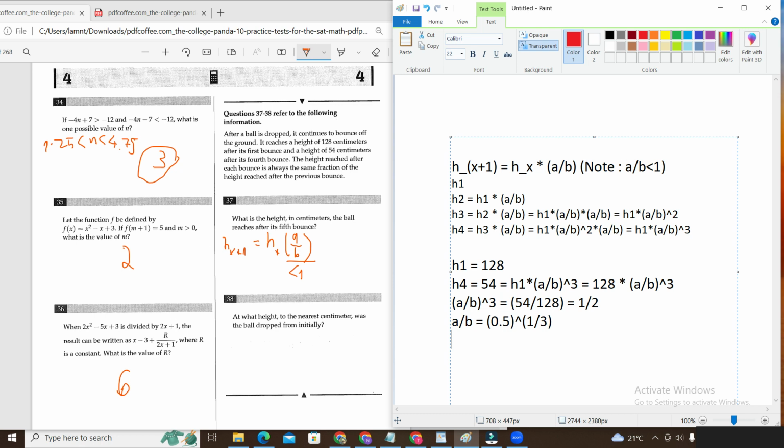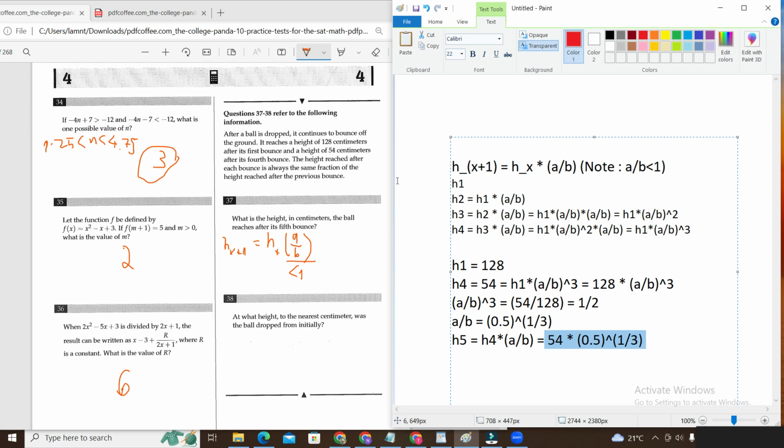They ask about the height after the fifth bounce. Height 5 is equal to height 4 times a over b. We know height 4 is 54, and a over b is 0.5 to the power of 1/3. So we can plug it in and find height 5.